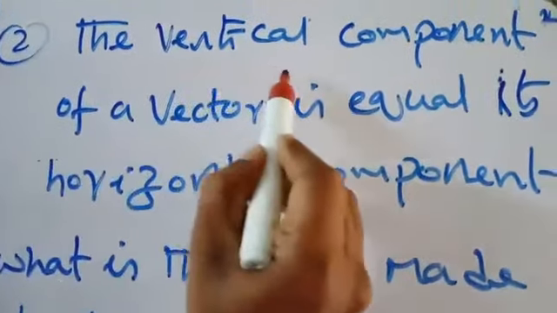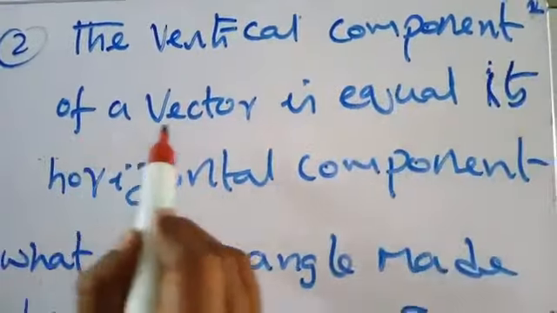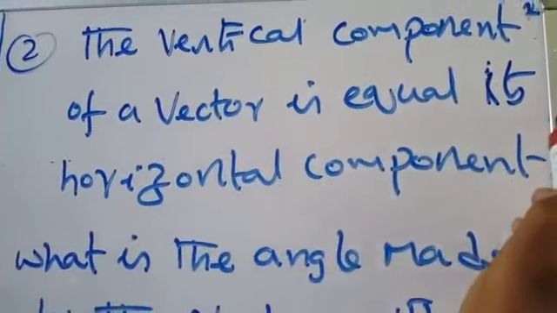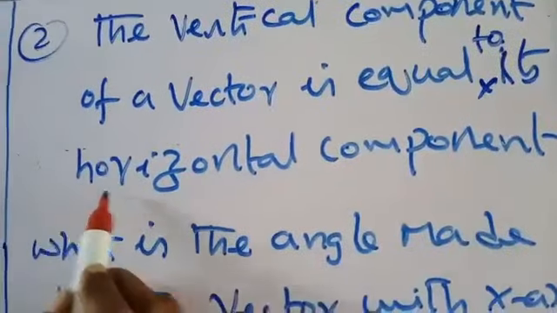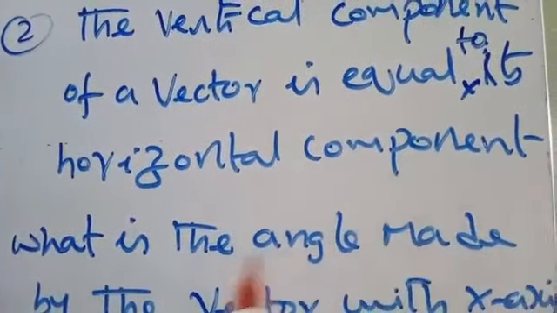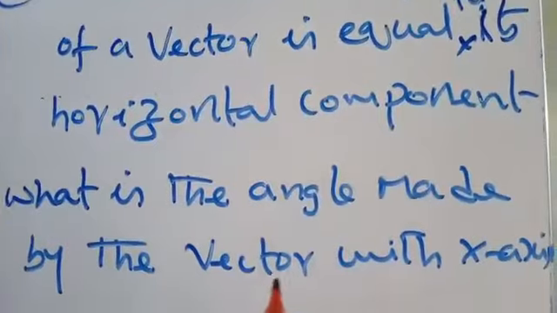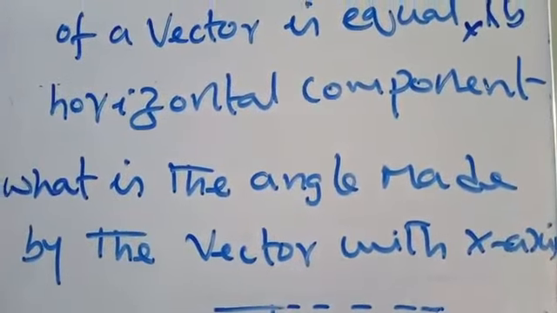The vertical component of a vector is equal to its horizontal component. What is the angle made by the vector with the x-axis?